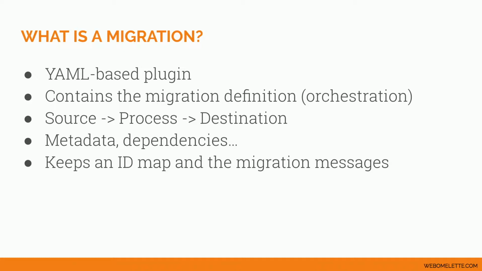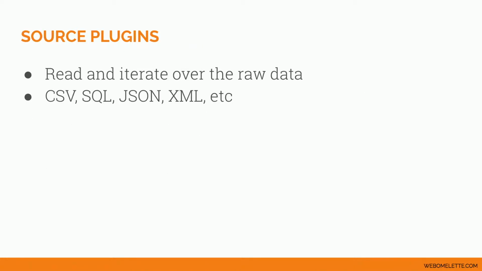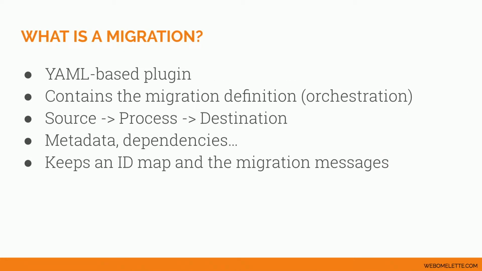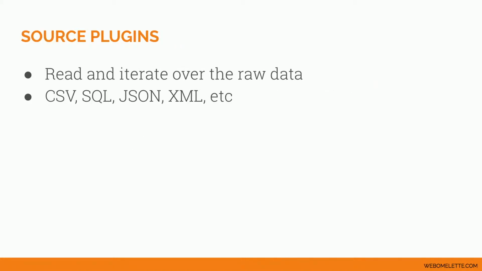All right. So like I mentioned, these are the three: source, process, destination. I'm just going to quickly go through these. Source plugins have a very important job, really important. And that is to read, understand, and iterate over the data. Basically, they understand the data and provide rows of records.